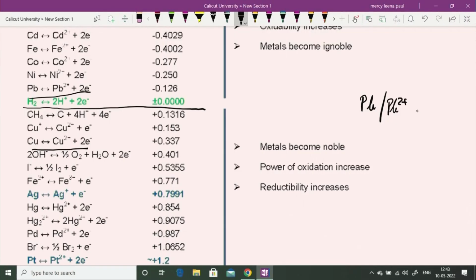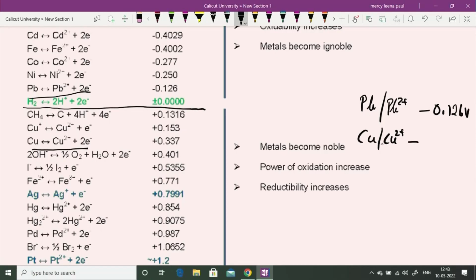For example, let us go back and take copper and lead. In the case of lead, Pb, Pb2 plus, the value is minus 0.126 volts. Next is copper, Cu2 plus, whose electrode gives a standard electrode potential of 0.337.